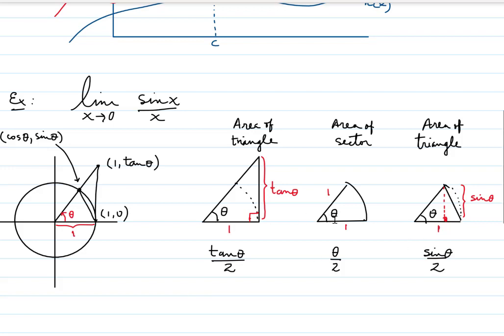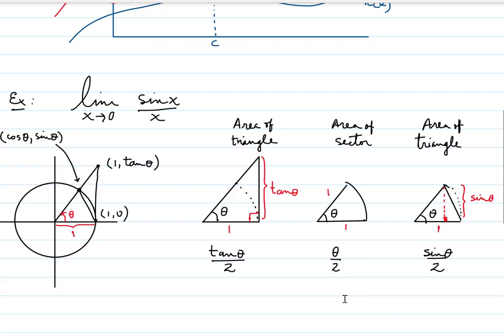This side is the same side as that, the same side as that. But now the height of this triangle is sine of theta, as you saw from the coordinate ordered pair here. That y right there is sine theta. So just like we did on the first triangle, it would be base 1 times height sine theta over 2. So that gives you sine theta over 2.